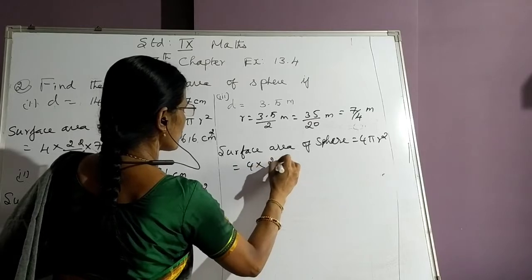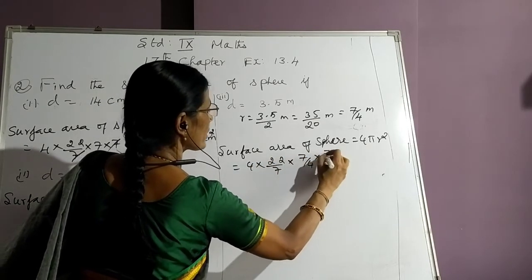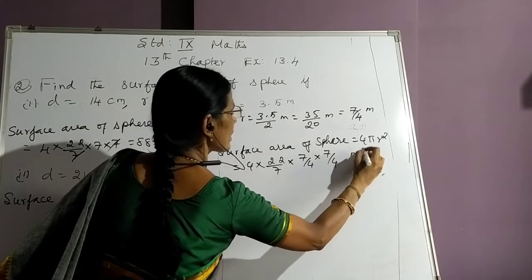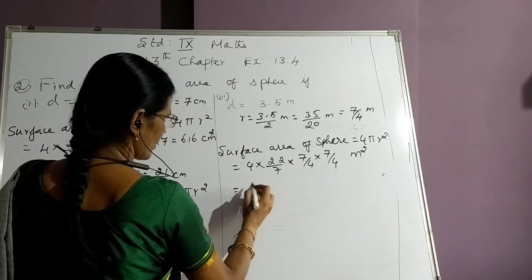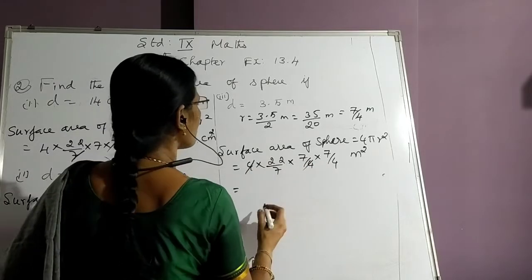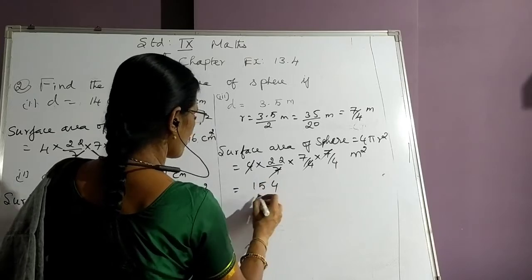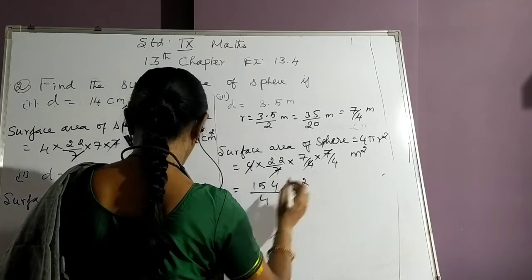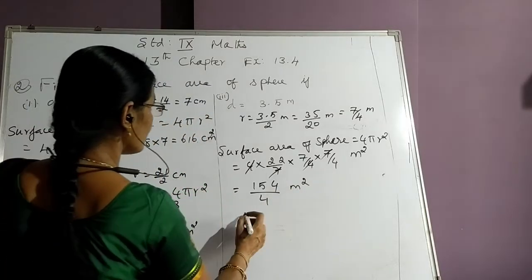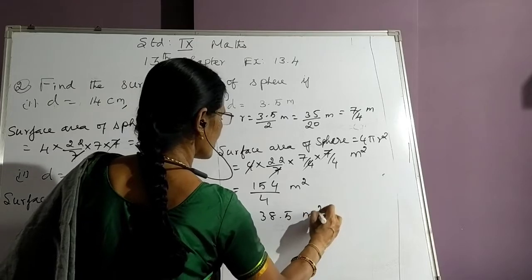It is 4 into 22 upon 7. R is 7 upon 4. It is square, therefore we write it twice. Here it is given meter, therefore the answer is in meter square. 4 gets cancelled here. 7 also gets cancelled. It is 154 divided by 4 meter square, which is equal to 38.5 meter square.